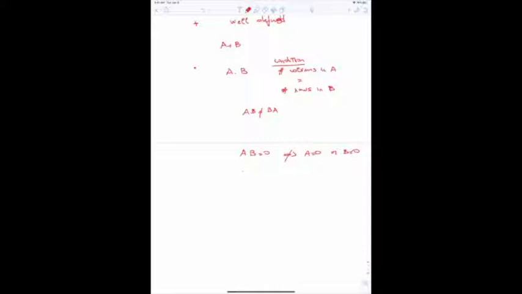And the way we do the product is as follows. Let's say that this one here is a matrix m by n, so m rows and n columns, like we have seen before.